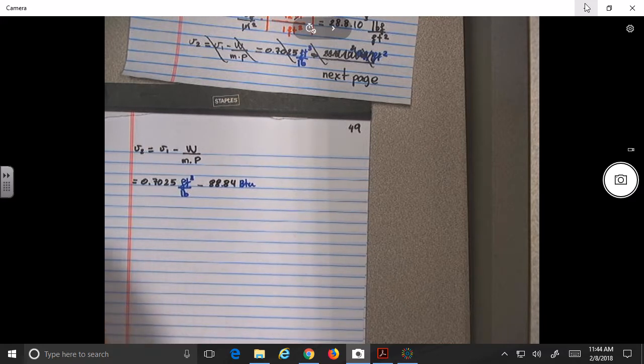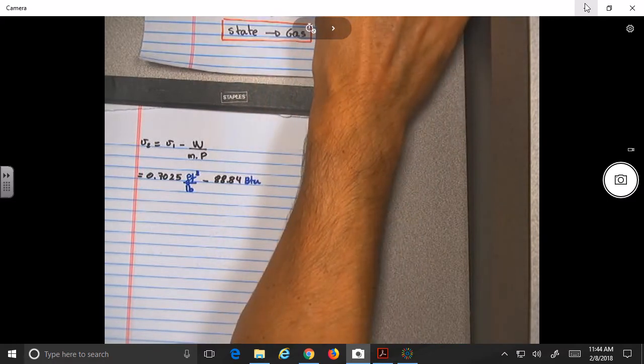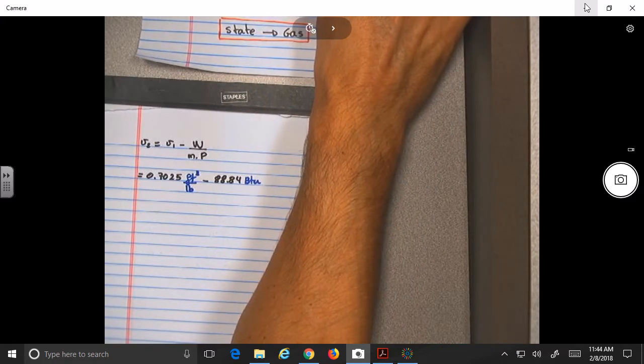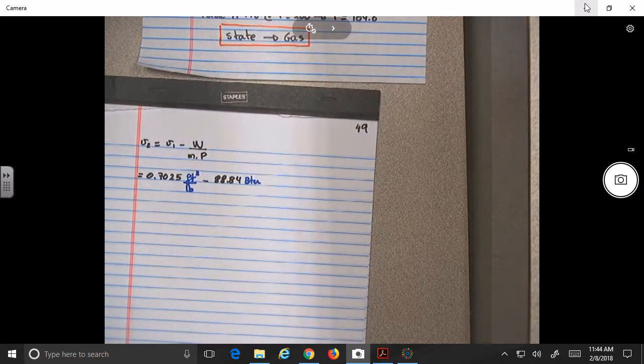The work, okay, be careful here. The work is what? We already took into consideration the sign of the work when we did the plot over here, no? Oh, yes, yes.